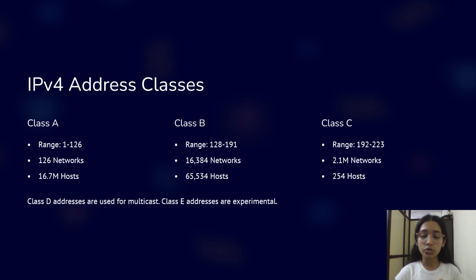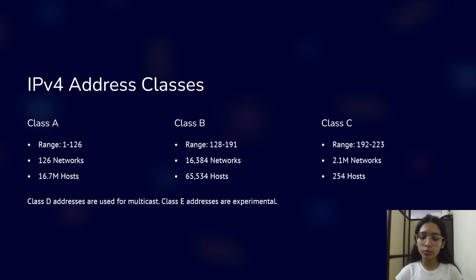It incorporates over 16,384 networks and has over 65,000 hosts. Class C ranges from 192 to 223. It has 2.1 million networks, and it could incorporate 254 hosts.